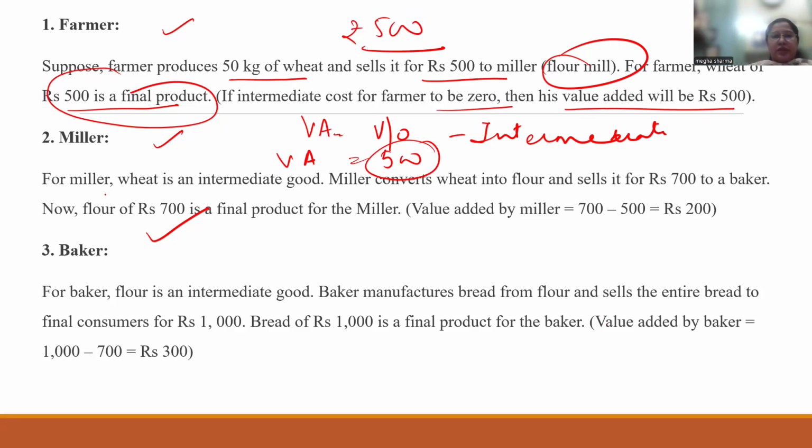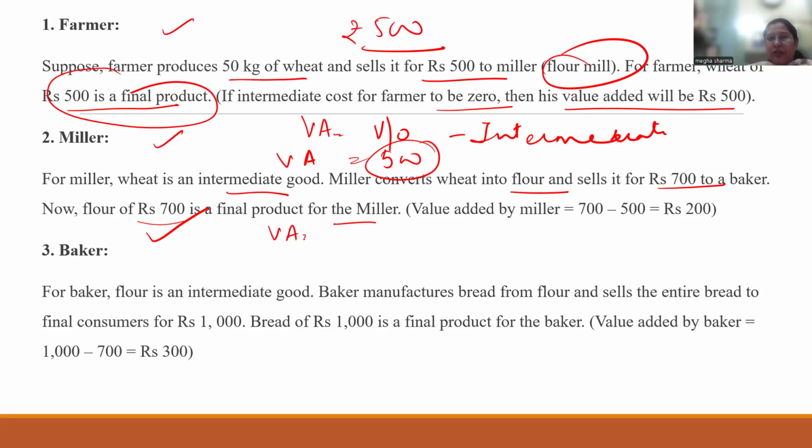Now, next coming to the miller. For a miller, wheat is an intermediate good. Obviously, he has purchased the wheat from the farmer. The miller converts the wheat into flour and sells it for 700 to a baker. Now the flour of 700 is a final product for the miller, as he is selling it as a final product. But here the value added would be different.